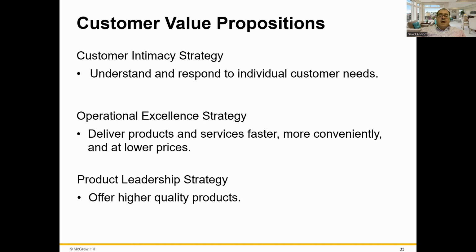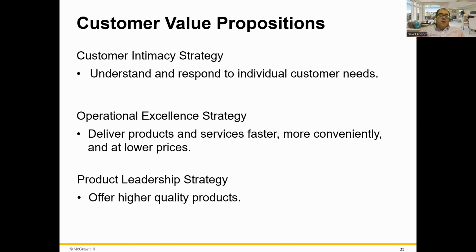There are different ways that you can do this, but a customer intimacy strategy is one where the company seeks to understand and respond to individual customer needs. An example of a company pursuing such a strategy might be one responding to individual customer needs better than competitors. So, for example, the Ritz-Carlton Hotel or the Nordstrom department stores trying to meet customer needs better than what their competitors could.